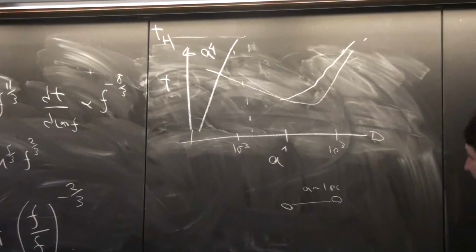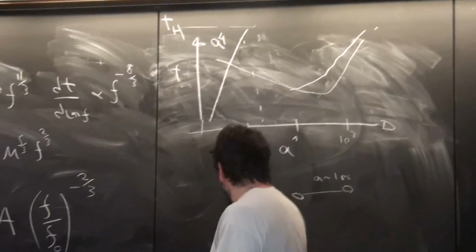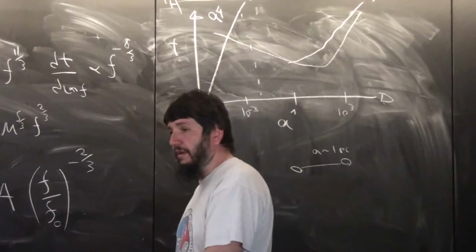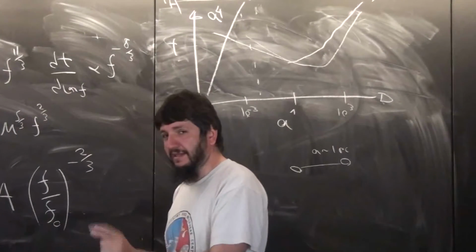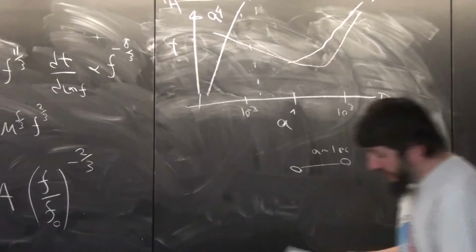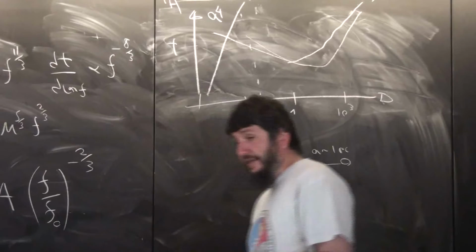Okay. So the thing is that these binaries are going to be embedded in some environment. Felipe told you about gas, I guess, last week. I will say a couple of things about stars, okay?